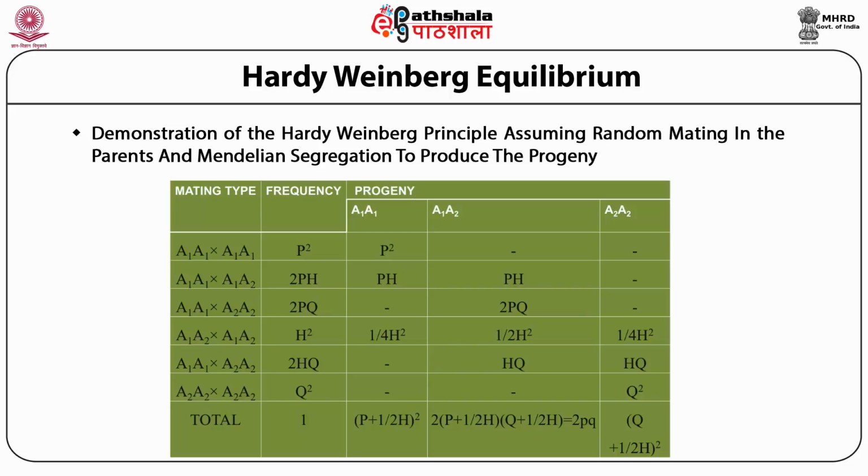This is the same for the mating type where an A2A2 individual mates with an A2A2 individual, producing Q square frequency for the progeny, because all the genotypes in the progeny are of A2A2 type.